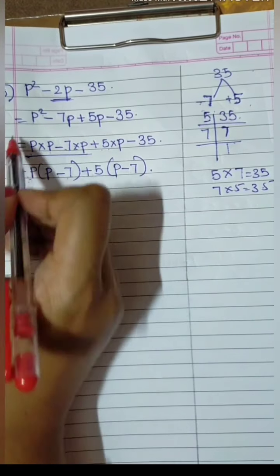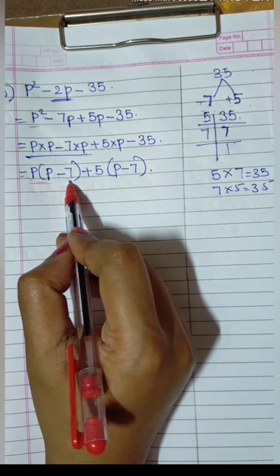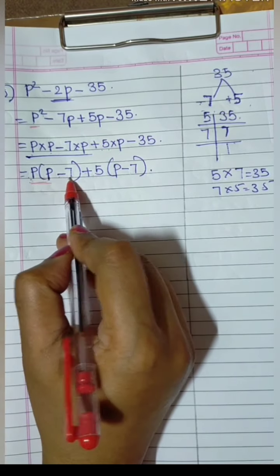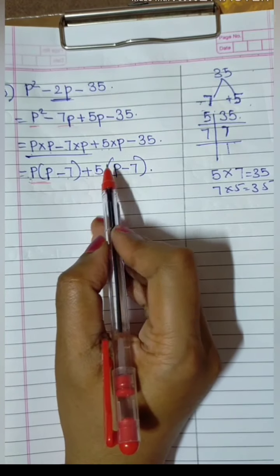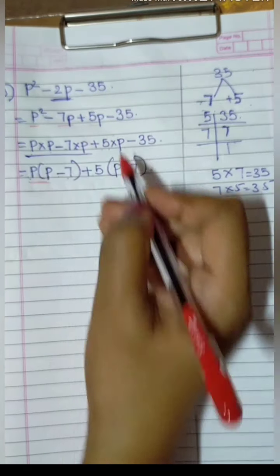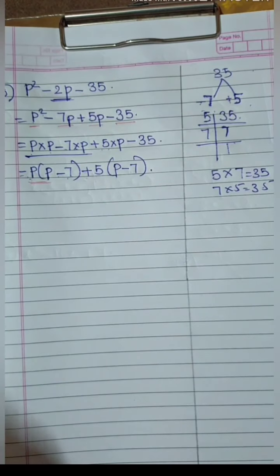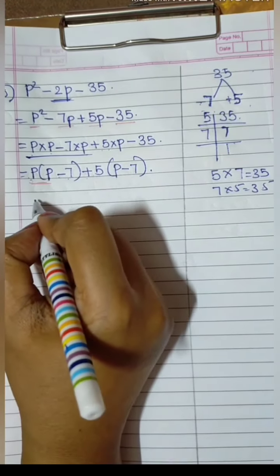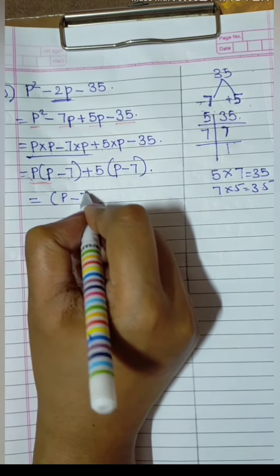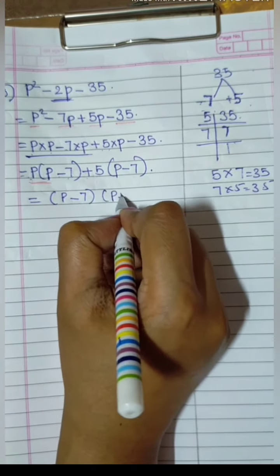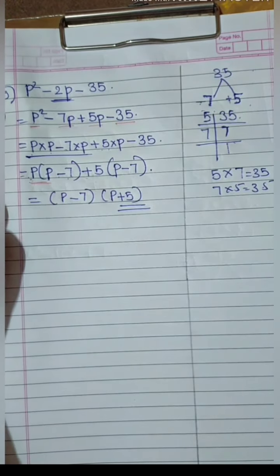If you see here, this p square, now p into 7 is 7p, then again 5 into p is 5p, 5 7s are 35. Now I am writing p minus 7 and p plus 5. This is the answer for question number 5.